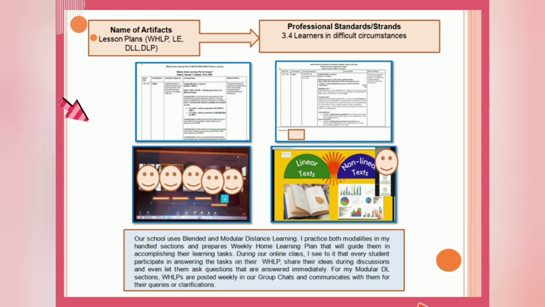Sa annotation, pwede nyong i-rate dyan that you are having online classes and sinusunod nyo yung mga activities na nasa WHLP, and in that way, you are helping your learners during this time of difficulties.